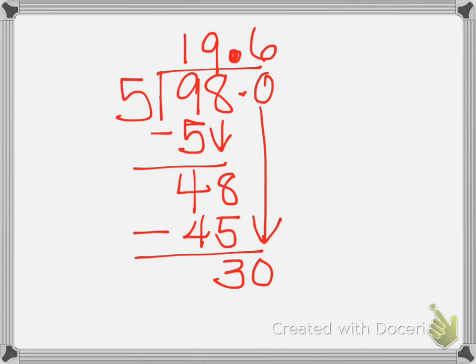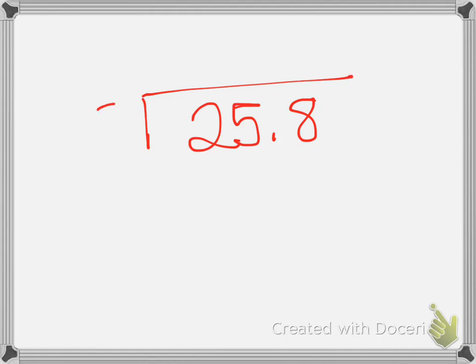Okay, so the next question says, now you try. So let's look at that. Basically, you have 25.8 divided by 3. 3 goes into 25. 3 doesn't go into 2, so make sure you keep everything lined up. 3 goes into 25 8 times. 8 times 3 is 24.